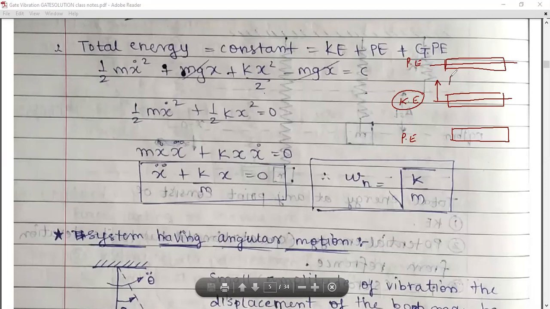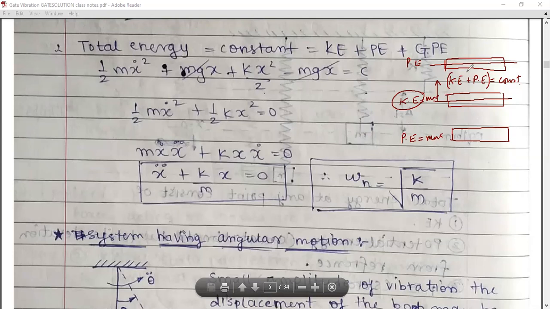So the summation of kinetic and potential energy is constant at any particular position throughout the motion. At one position this is the maximum value, at another position the kinetic energy is maximum, but in between, the energy content is constant.